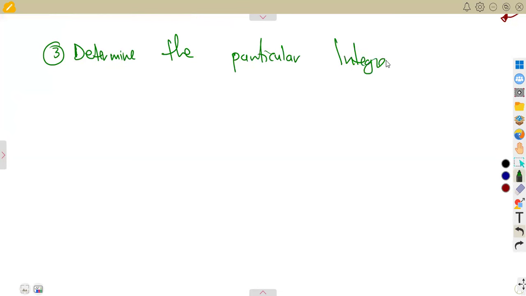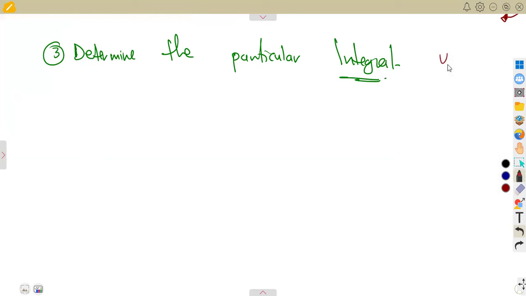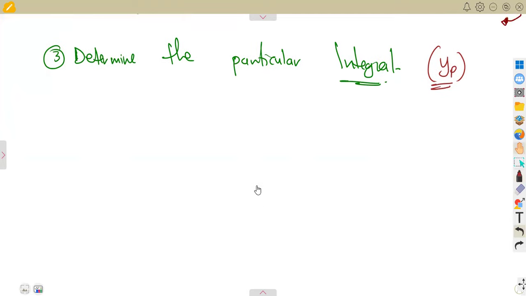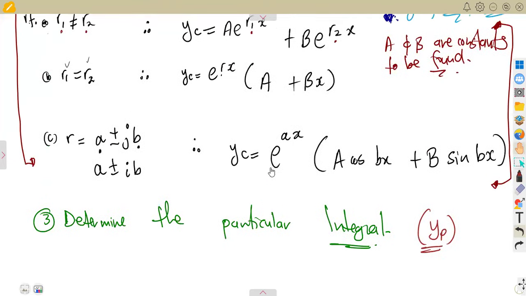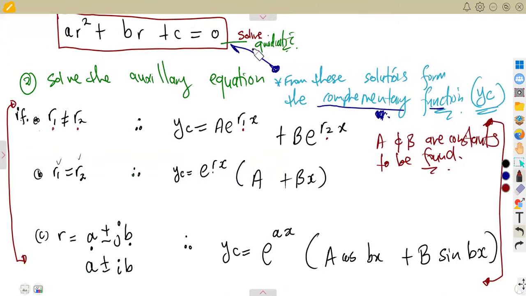Okay. So the question is how? And what is it that we are referring to as the particular integral? That is your yp. We saw that the complementary function was determined, or controlled, by the solutions of the auxiliary equation.